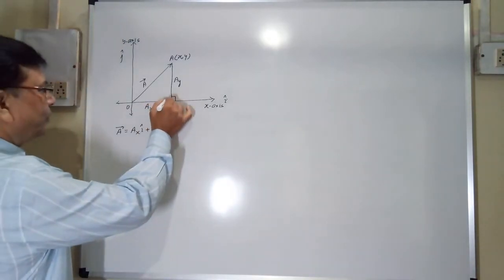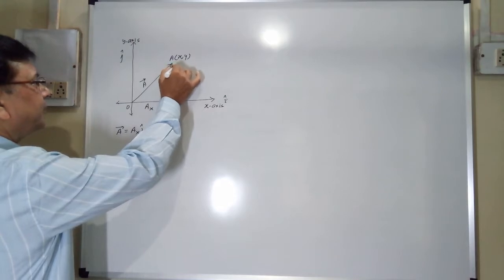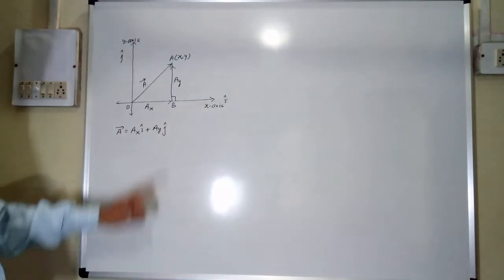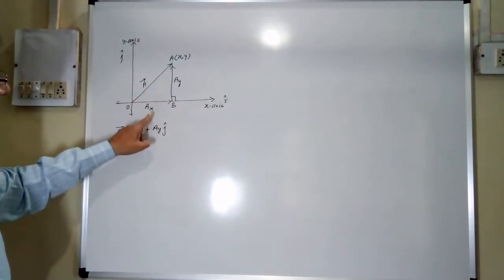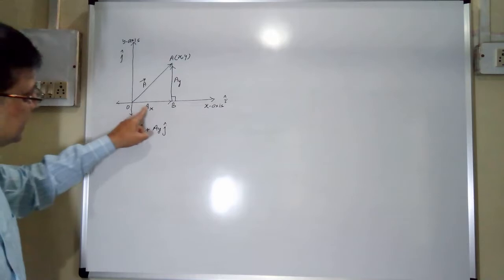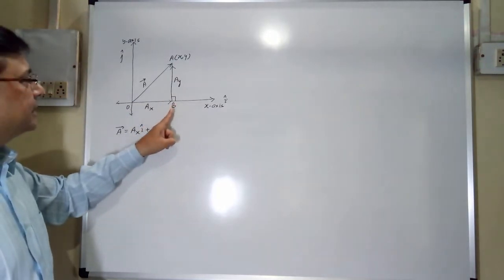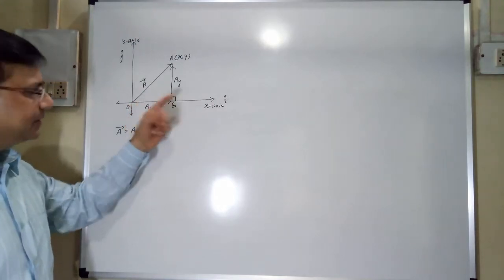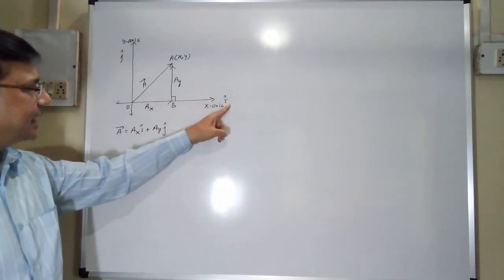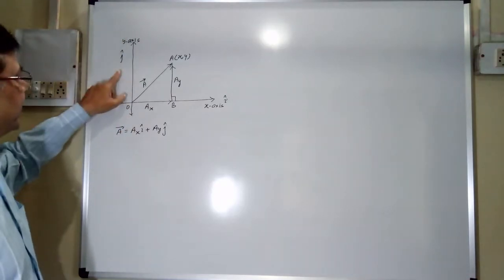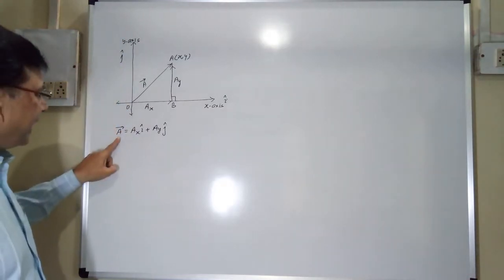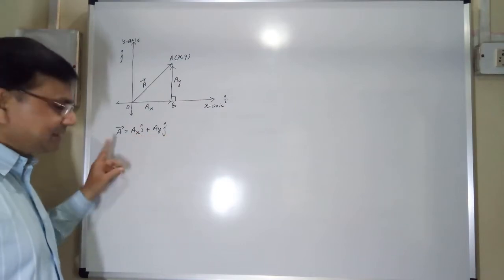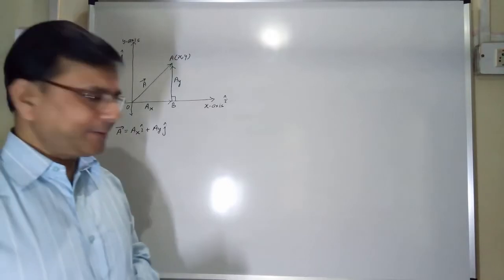So here OB and BA are two perpendicular vectors, and A is represented by the sum of vector OB and vector BA. OB is the length along the unit vector i along the x-axis, and the unit vector along the y-axis is j. So vector A can be represented as AX i plus AY j.